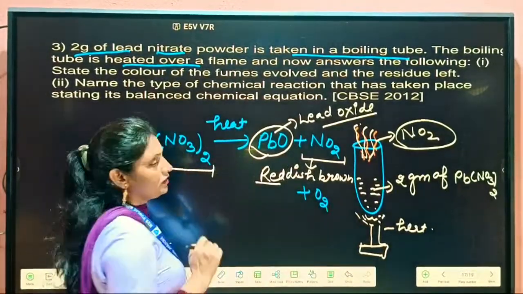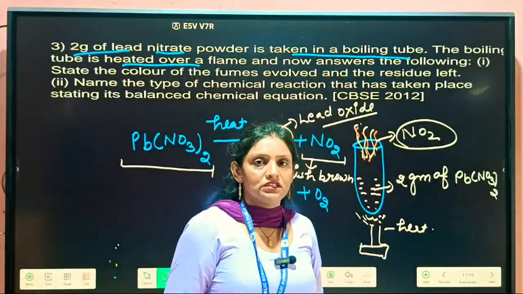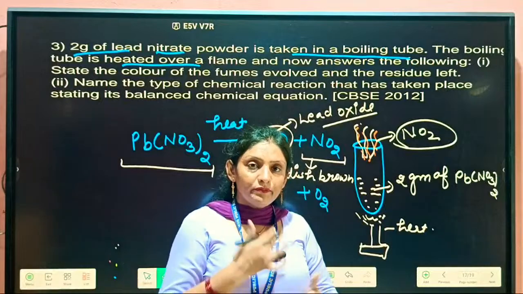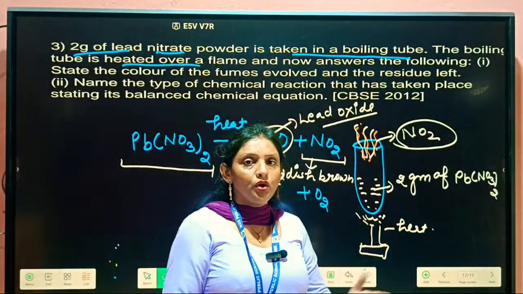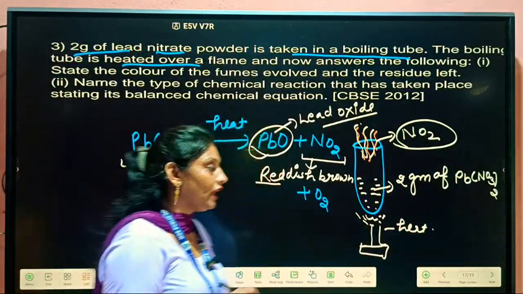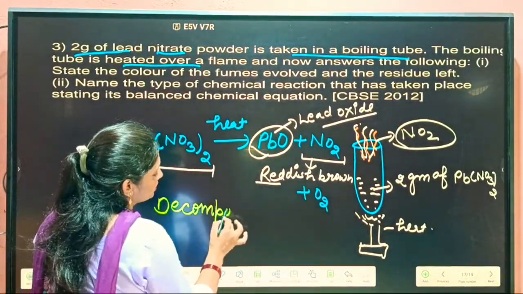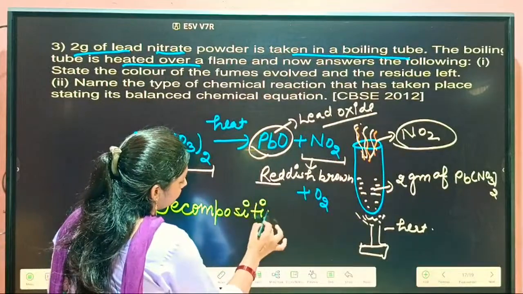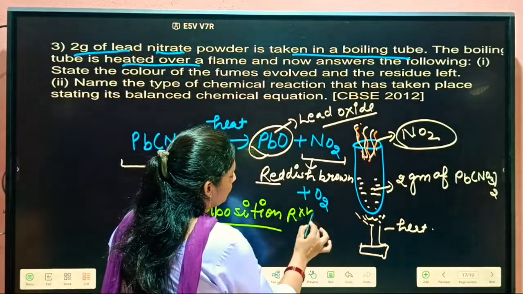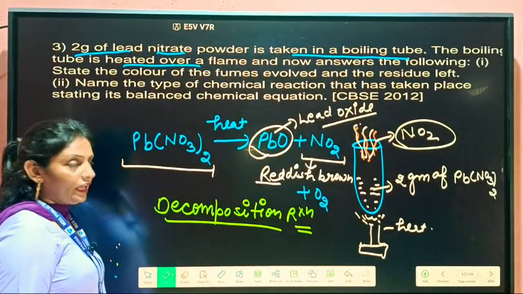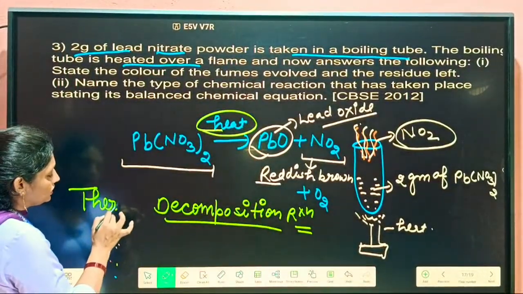When we heat it, if any substance absorbs some amount of energy and breaks down into 2 or more products, then that type of reaction is known as the decomposition reaction. And students, if decomposition takes place in presence of heat, then it is known as thermal decomposition.